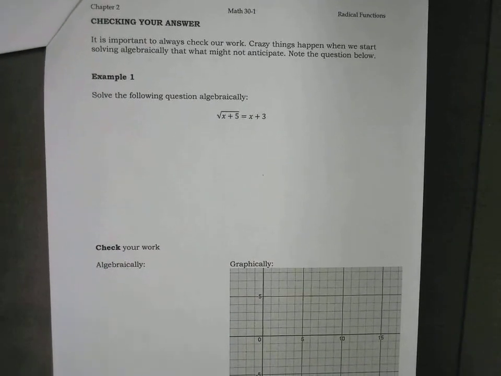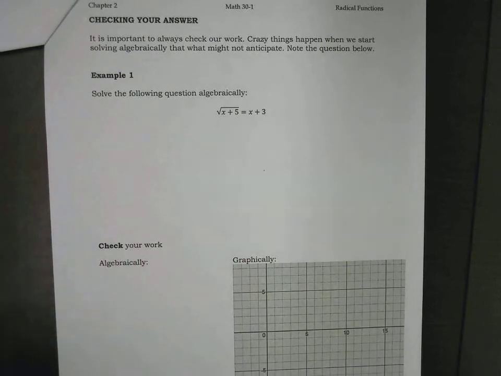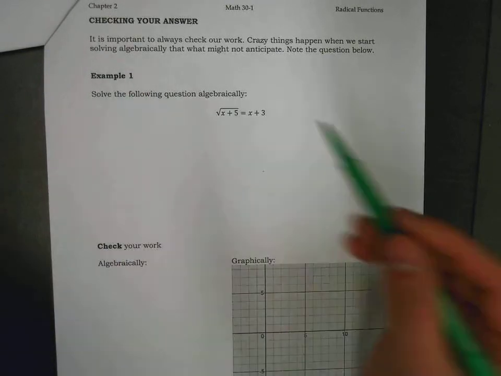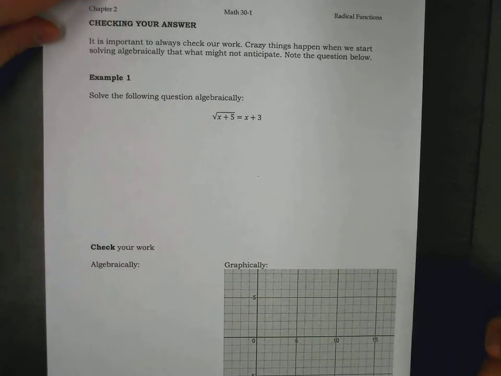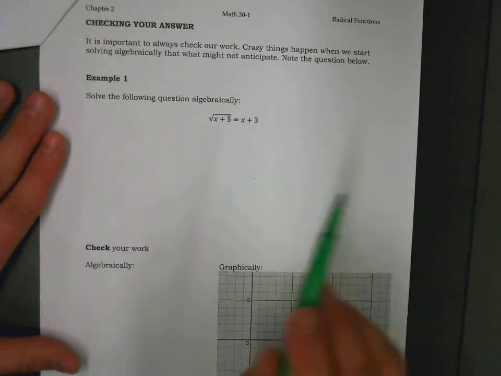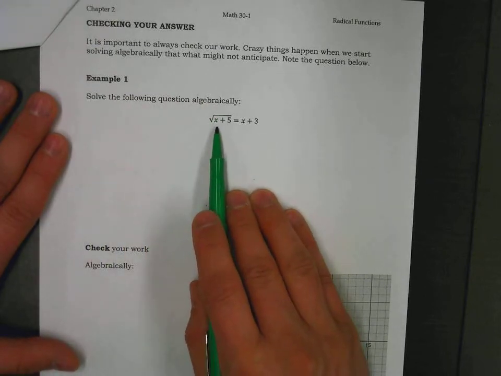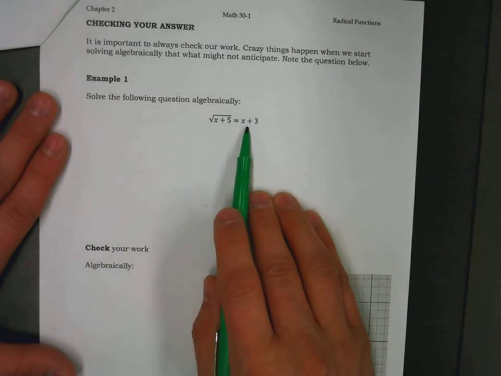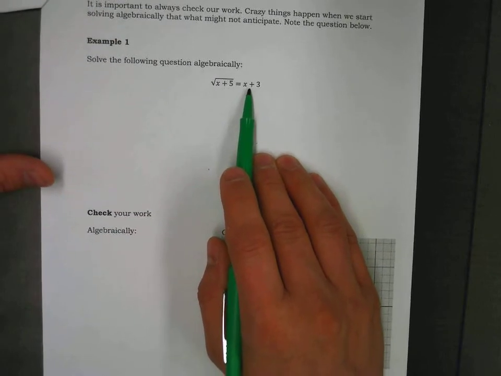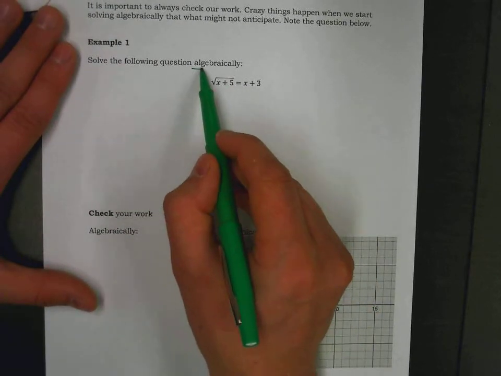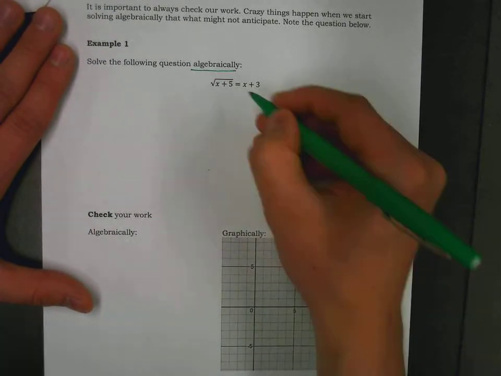It is with that comment that we're going to talk now about checking your answers, just to make sure that we're not dealing with extraneous roots that we did start to see last year. When we are solving algebraically, there are potential issues that can result. So when we're solving a question like, when is the square root of x plus 5 going to equal x plus 3, if we were to do this algebraically, we would square both sides.